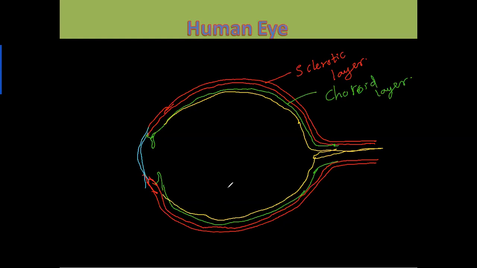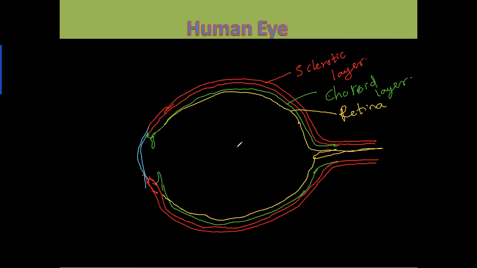That layer is called the retina. Retina means the layer inside the choroid layer. Inside this choroid green color layer, we can see the retina. The light sensitive rod cells and cone cells are located in it. Right? This is the retina.